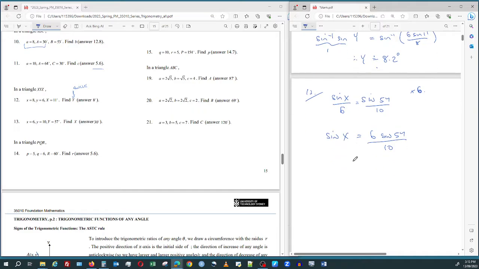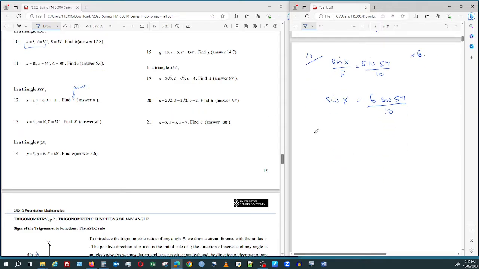Oh, how do we get to X? Undo, I hear you cry. Arc sine. Undo. I'm going to do it. Arc sine. Wait a minute. What are you doing? Where did you get arc sine from? Arc sine and sine to the minus 1 are the same thing. Okay? That guy there, same.